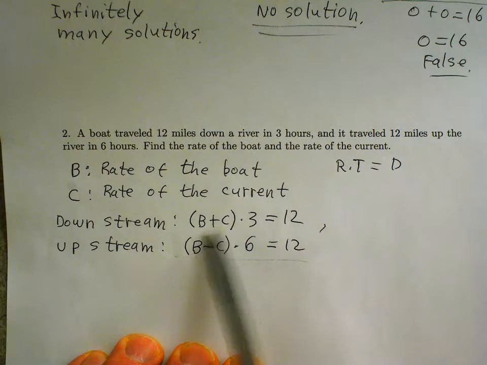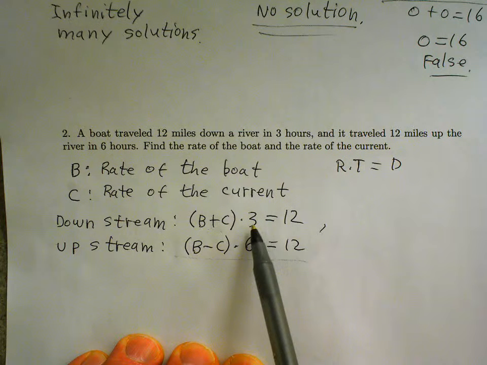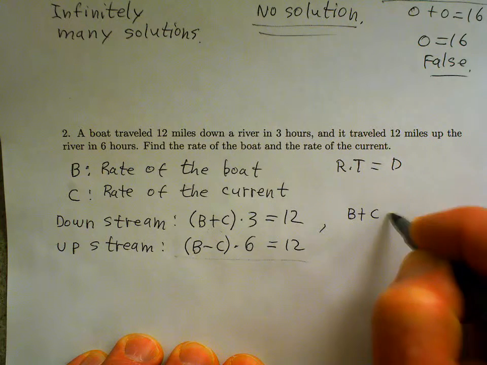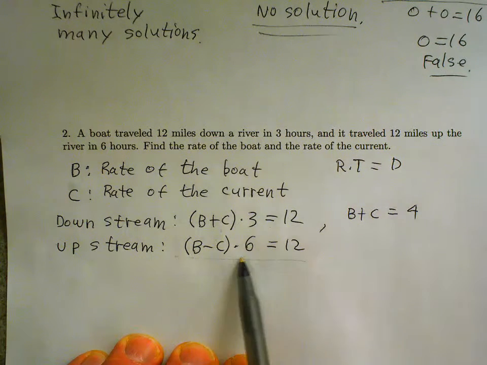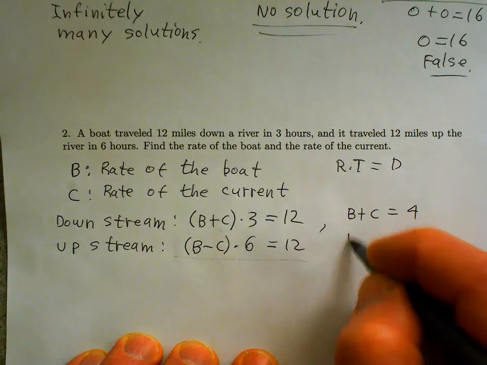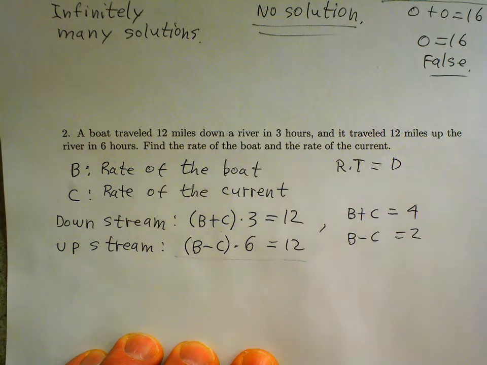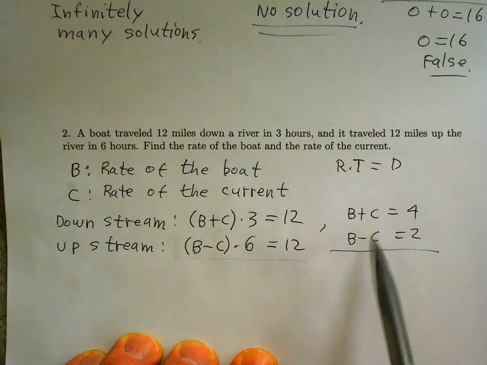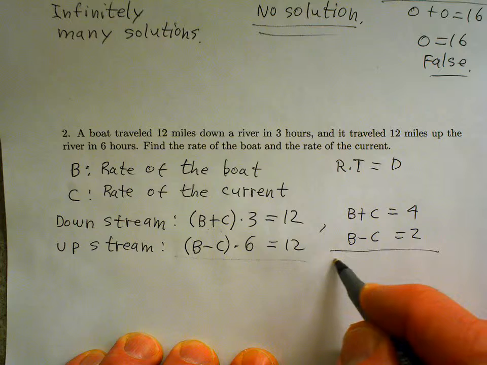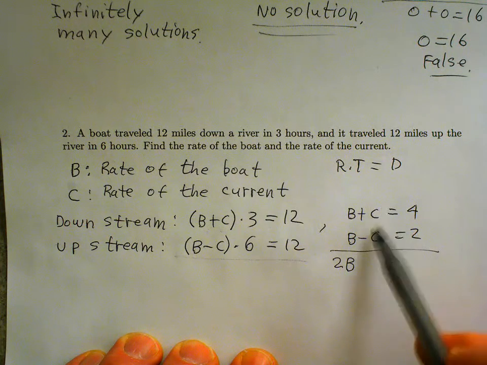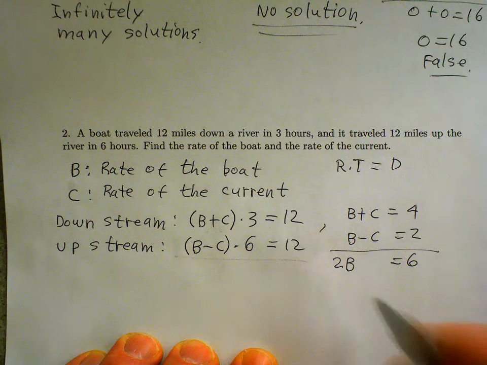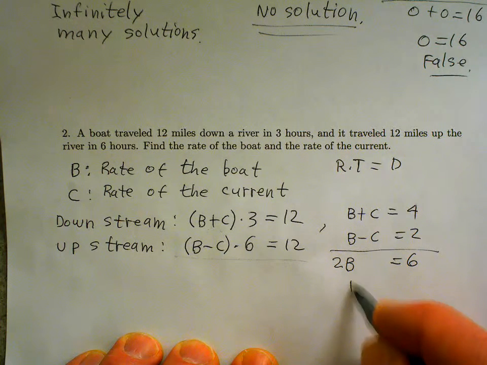One thing we can do, in the top equation, we can divide both sides by 3, and we get B plus C equals 4. On the bottom equation, we can divide both sides by 6, and we get B minus C equals 2. And when we add the two equations, B plus B is 2B, C plus -C is 0, 4 plus 2 is 6. Divide both sides by 2, we get B equals 3.